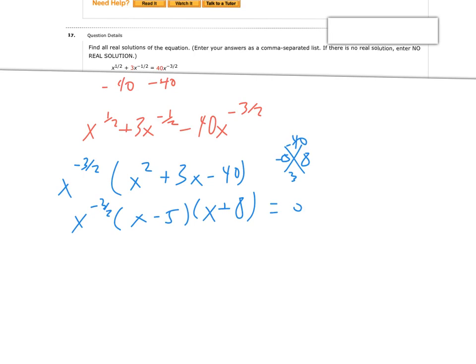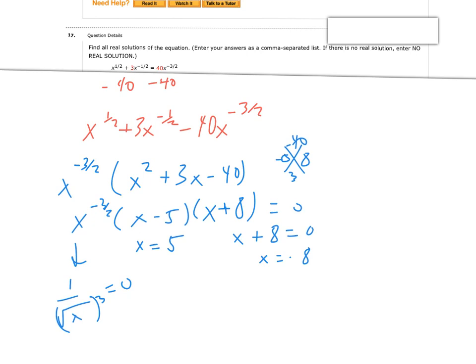So I can set these equal to 0 individually and solve. This one would say x plus 8 equals 0, which means x equals -8. This one would mean x equals 5. And then this one would mean that 1 over the square root of x to the power of 3 equals 0.